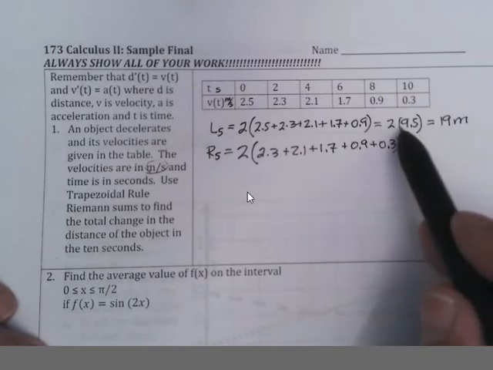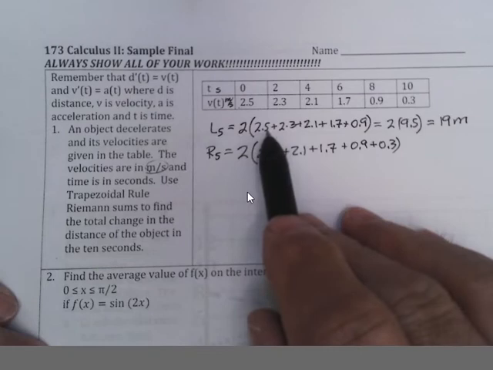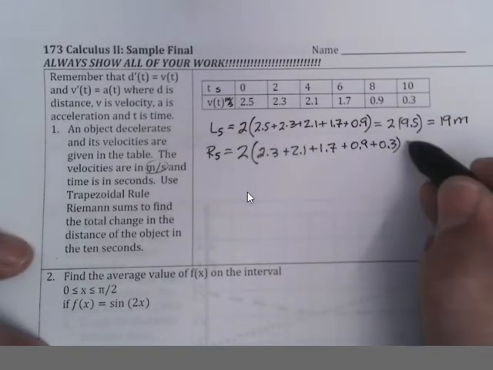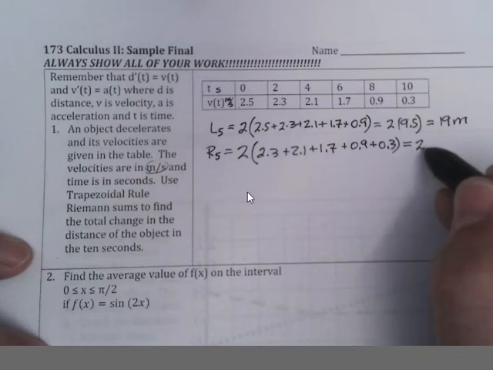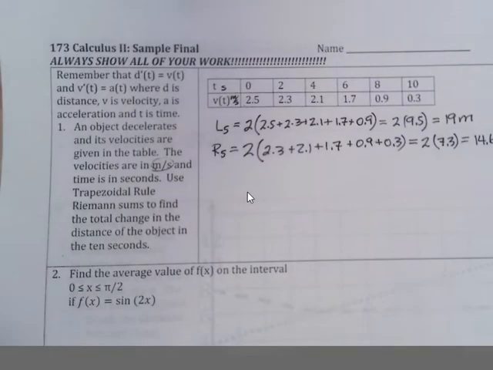So if I take 9.5 and remove 2.5, I get 7, and add 0.3, I get 7.3, which is 14.6 meters. I did the math in my head, so I hope I didn't make any mistakes.